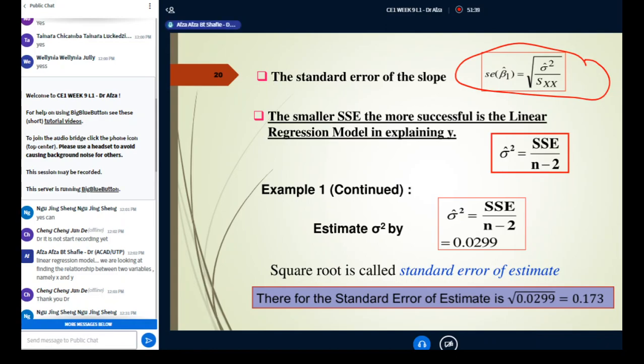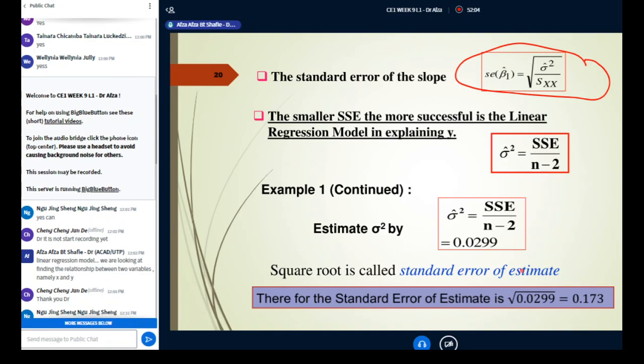So in order for it to be a good model, okay, good model means that our standard error must be small. Okay, so this is the first criteria. All right, so we're looking at a small standard error.